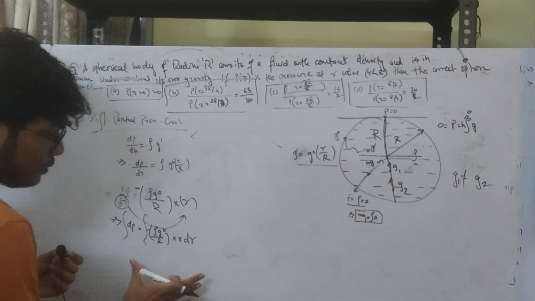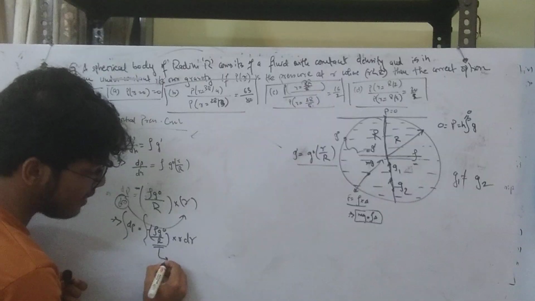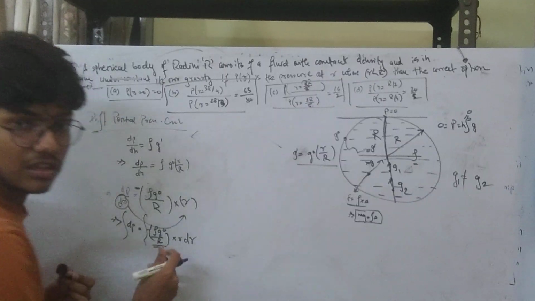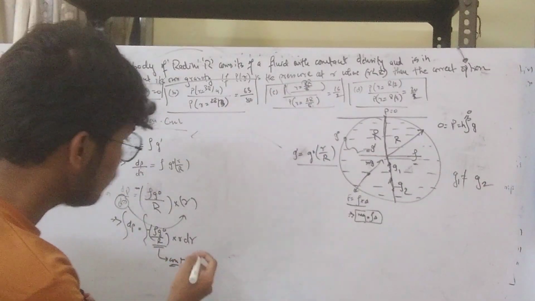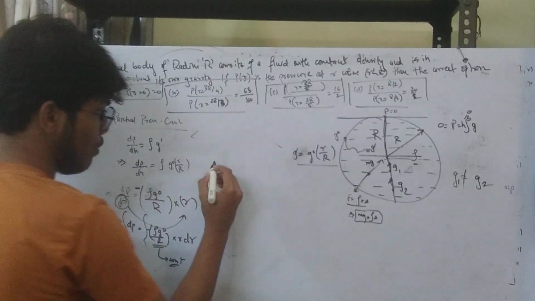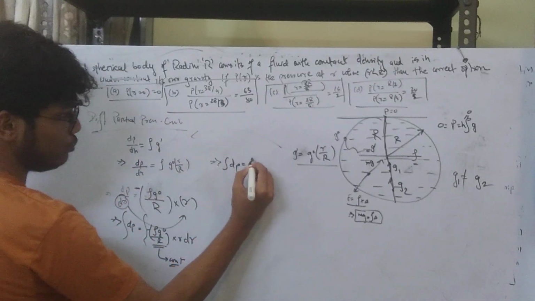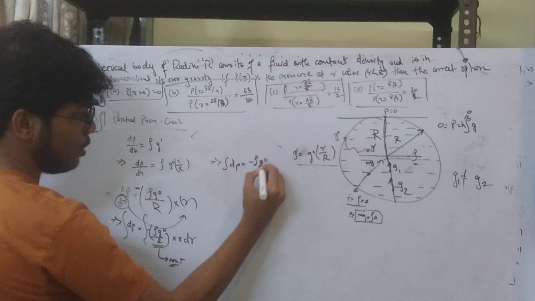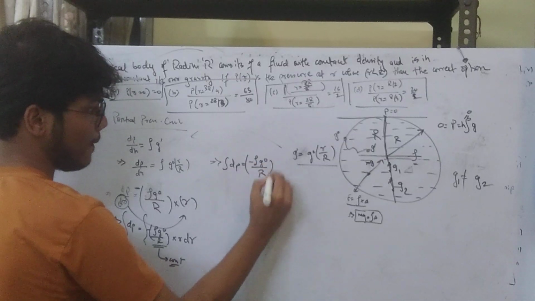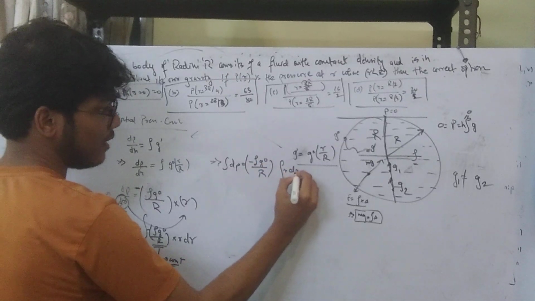Upon integration, you can see that this whole part is a constant, so this will go outside the integration. It will be integration dP equals to minus rho g naught by capital R integration r dr.